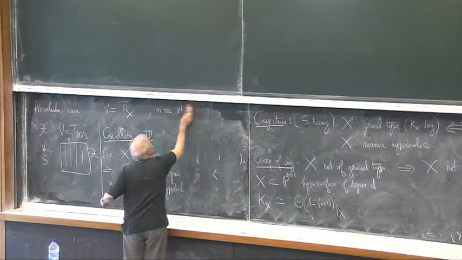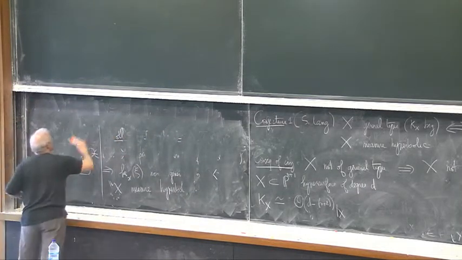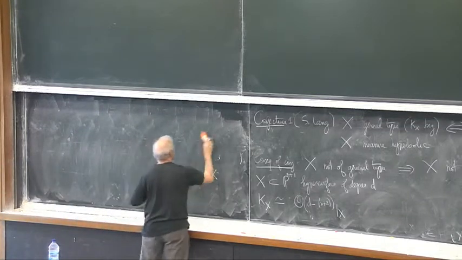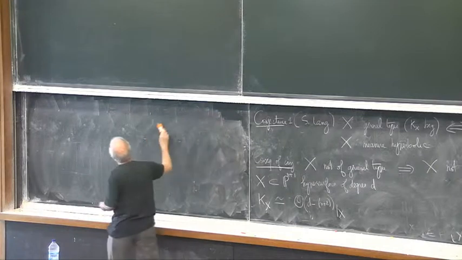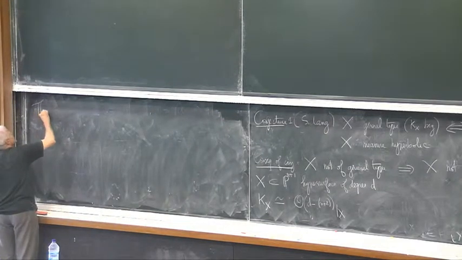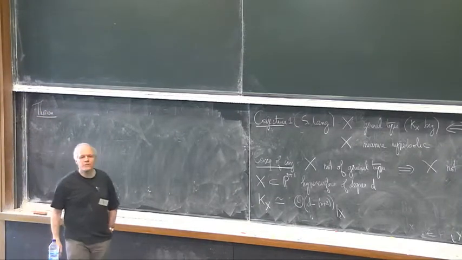I don't know whether I should call that a theorem or a conjecture, but as I will state it, it will be a theorem, although a trivial theorem. So assume that conjecture 1 and conjecture 2 hold.